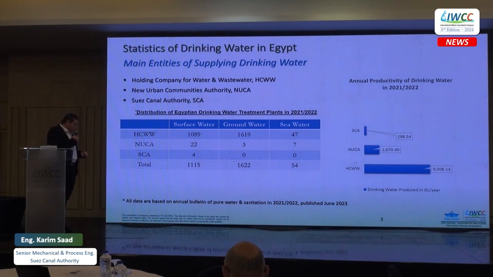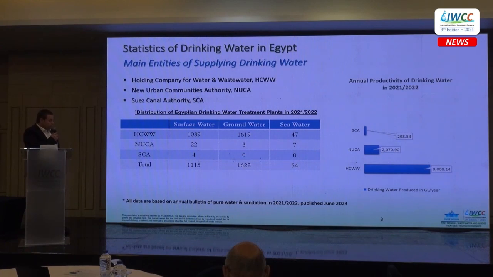According to the annual bulletin of pure water and sanitation published by CAPMAS, Central Agency for Public Mobilization and Statistics, we have three main entities for producing and transferring water: holding company for water and wastewater, New Urban Communities Authority, and Suez Canal Authority.